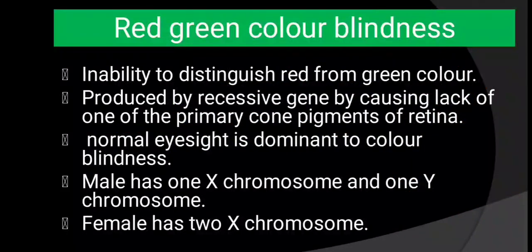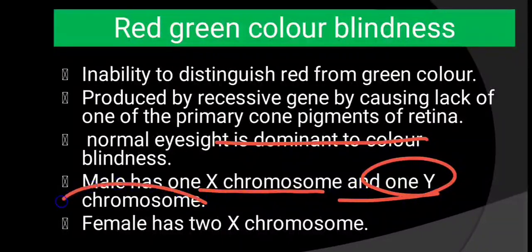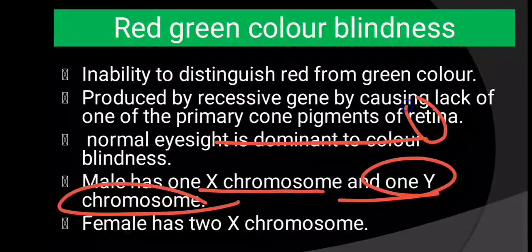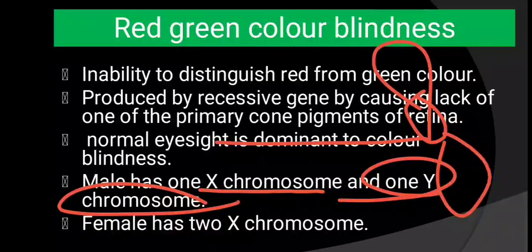Now the normal eyesight is dominant to color blindness. As you know, males have one X chromosome and one Y chromosome. So if the mutant gene is present on the X chromosome of a male, then he has this disease.